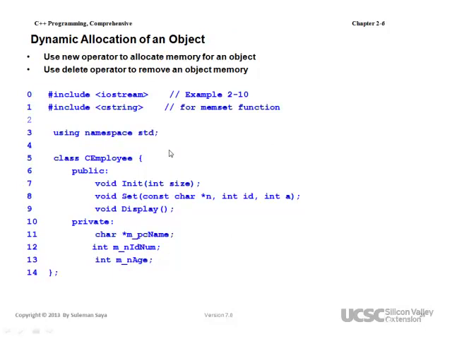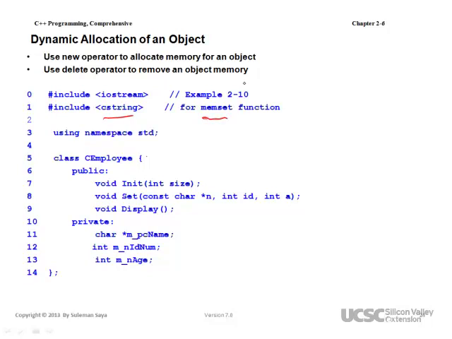So at line number 0, I have the iostream header file included, and then at line number 1, I have the cstring header file, which is used for the memset function.